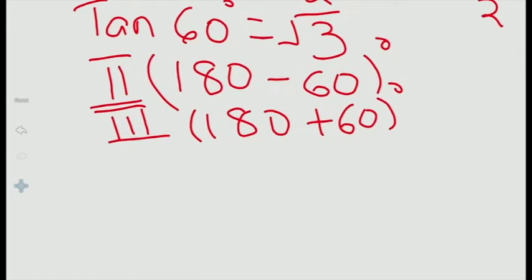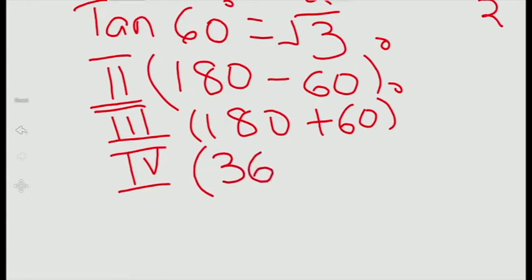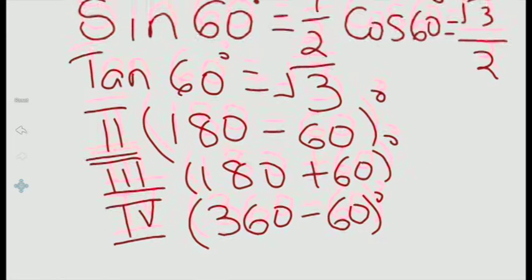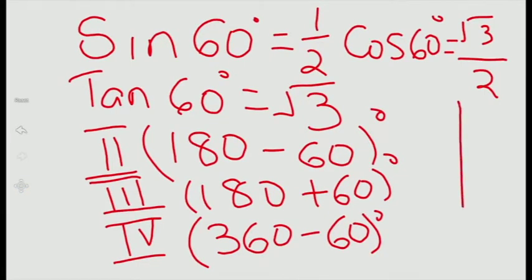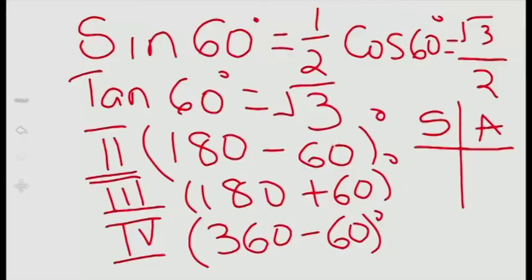And in the fourth quadrant, we have 360 minus 60 degrees. And then you have the signs in all four quadrants. So before you answer your question, you know how to find the corresponding angles in all four quadrants, and you know the signs of these trigonometric ratios in all four quadrants. Then they can ask you a question.